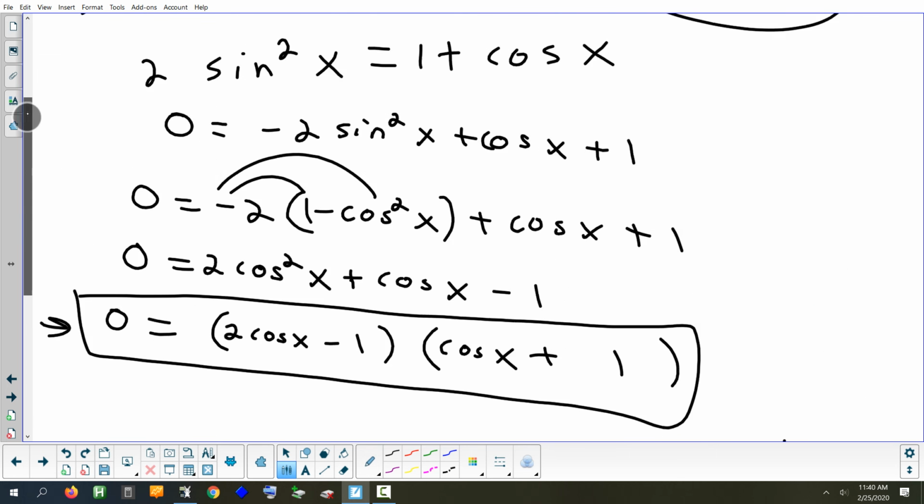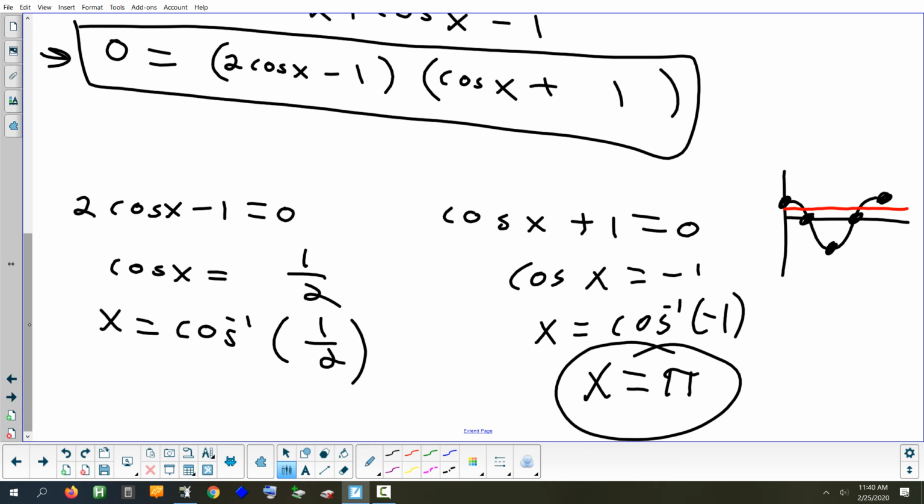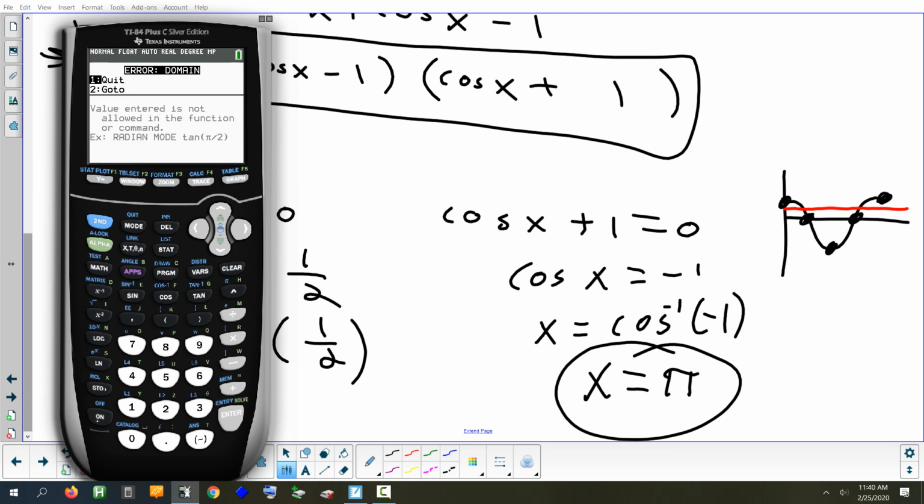Now, they want radians, but my suggestion was to always do it in what first? Degrees. I mean, if you do it in radians, watch what happens. Inverse cosine of a half is the decimal 1.047.